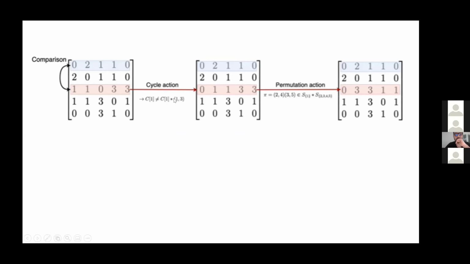So here, for example, if I perform with 1, 3, then I need to compare the third row, and I permute its entries. But if I permute with 2, 4, 3, 5, then I end up with this row, and they are not identical. The compared one, the third one, is already bigger than the first one. We need to keep a lexicographical ordering from top to bottom, where the former one is bigger than the next one.